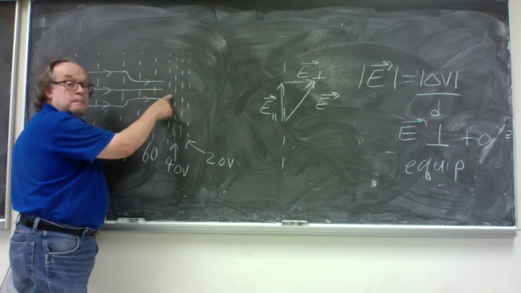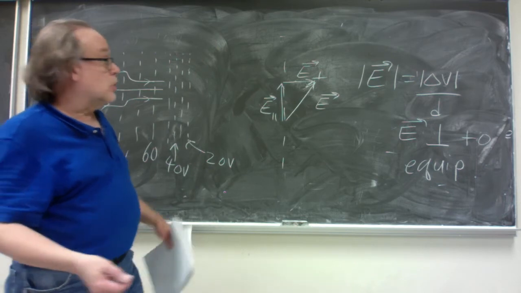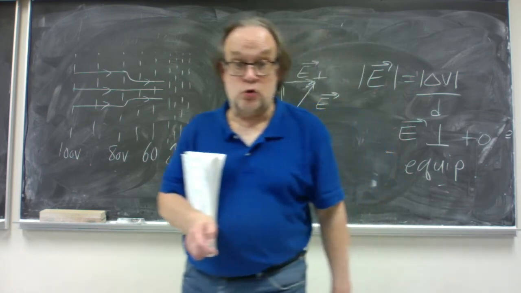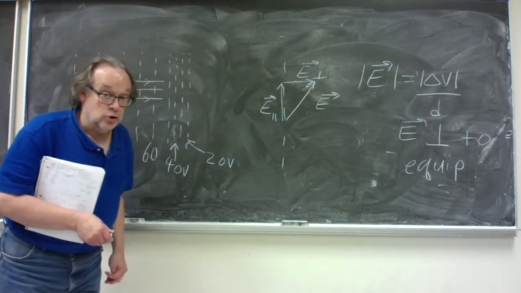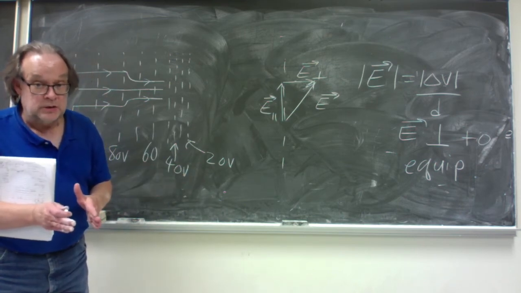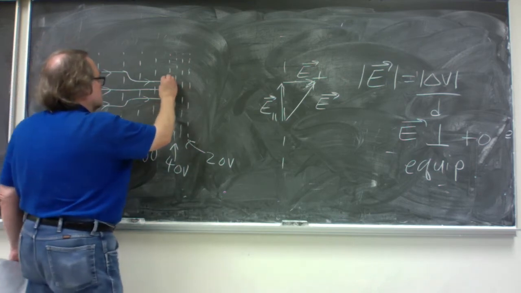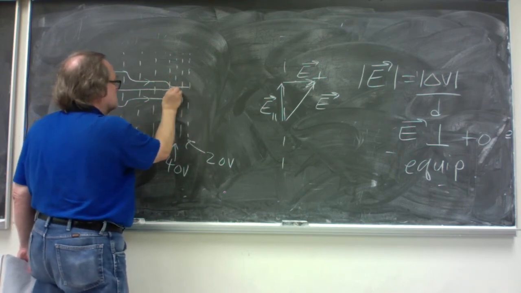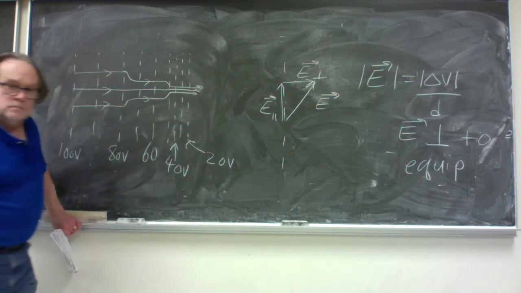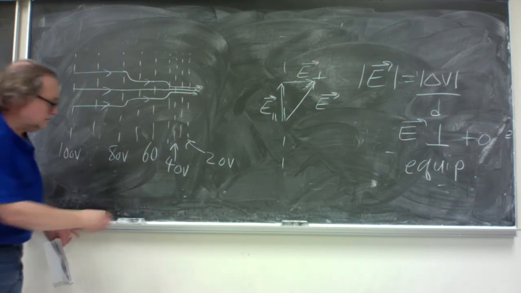And then here, now the spacing between 10-volt potential changes is even smaller. This is still 10 volts and this is even smaller, which means electric field is even stronger. And a stronger electric field means you have to draw the field lines even closer together to indicate that even stronger field. So same thing as before. You'd have a picture looking sort of like that. All right.